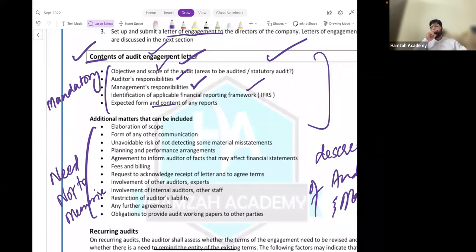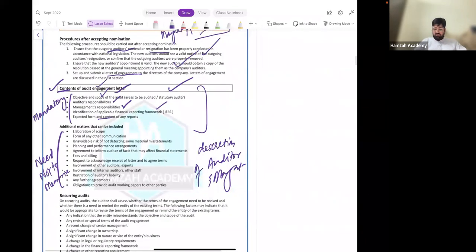Now, my question to you is, who appoints the auditor in a company? Yes, please. Who appoints the auditor of a company? Tell me, please.